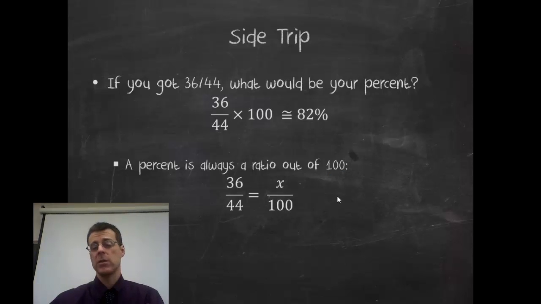You've seen ratios like this in math before where we take 2 numbers that we know and then we're trying to figure out this one out of 100. Sometimes it's out of something else, but for us right now it's going to be out of 100. And if you look at these two, you would see that if I solve for x, I'm going to multiply 100 across, so we'll end up making those two things exactly the same.